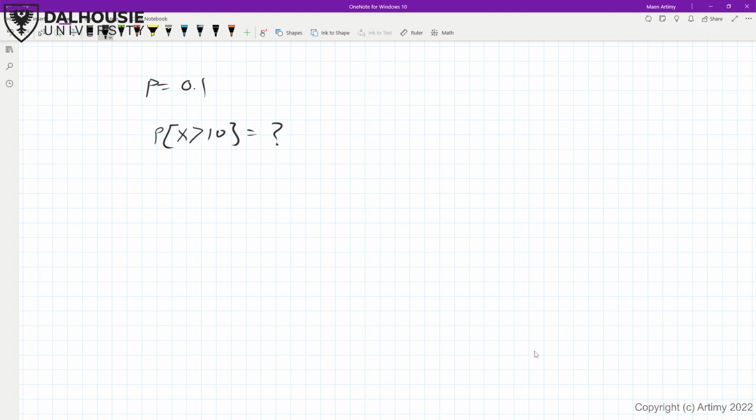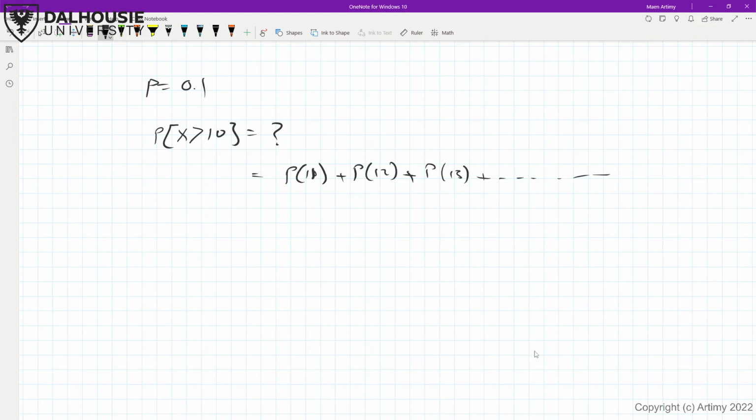To get to this, I have to find the probability of X equal 11 plus 12 plus 13. The X here is the number of trials, so I need to find all of these. And it can go to infinity, so that's not practical. I'm not going to count this.